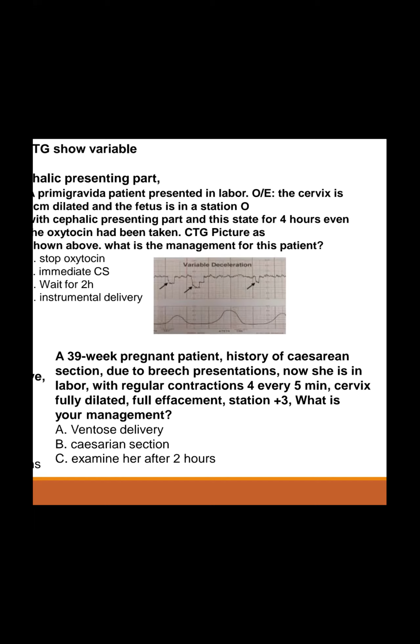So right now it's an ongoing progression. If you say option B is correct or not? Cesarean section is not accepted, ma'am, and she has a history of previous C-sections.